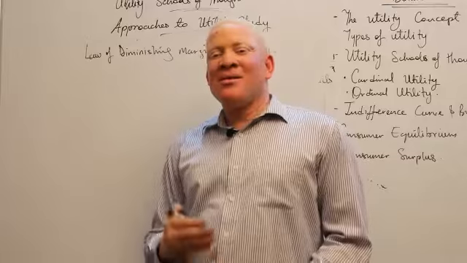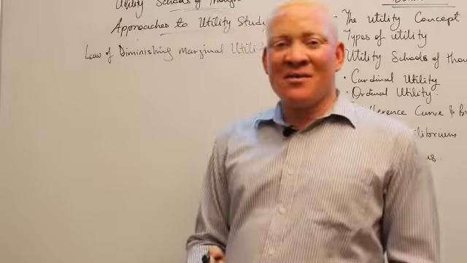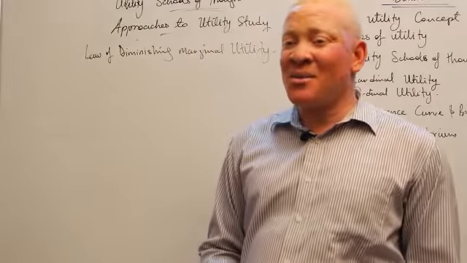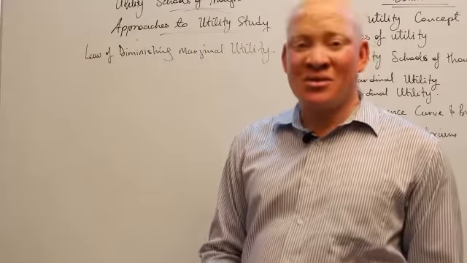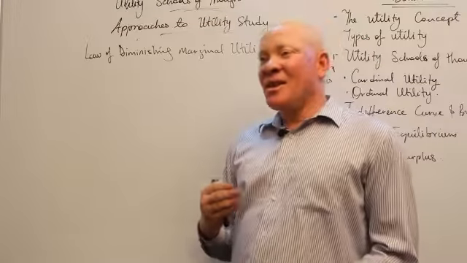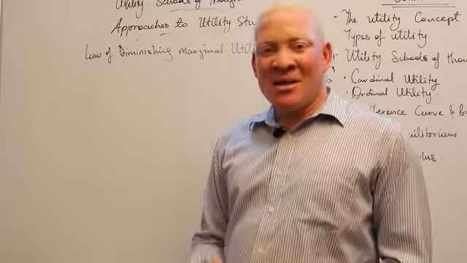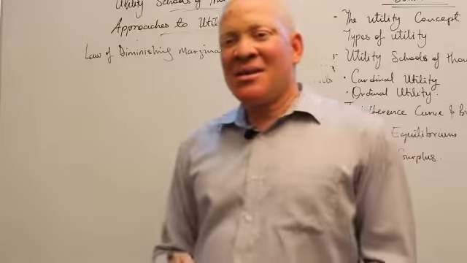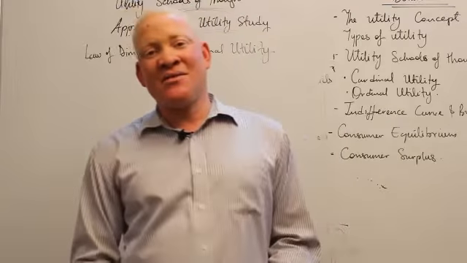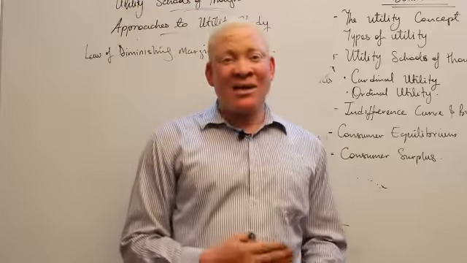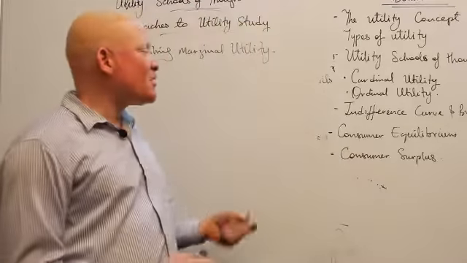The more successive units of a commodity a consumer continues to consume, the less the marginal or extra utility he derives from each successive unit consumed. That is the law of diminishing marginal utility.